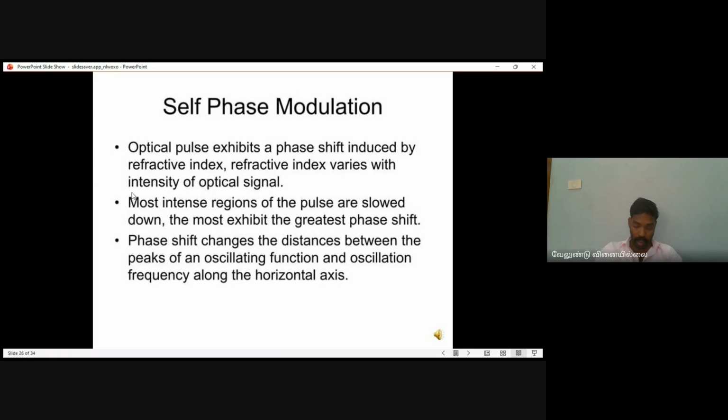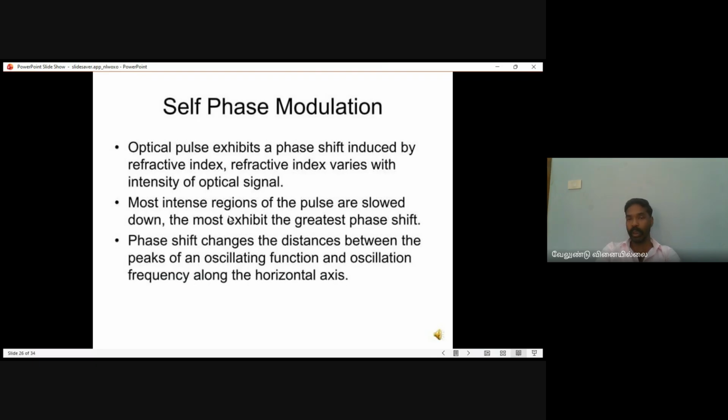All of you please take a pen and paper and note down that self-phase modulation is the phase shift induced by refractive index, and it varies with the intensity of the optical signal. If the intensity of the optical signal is high, the refractive index is also high. The most intense regions of the pulse slow down and exhibit the greatest phase shift.